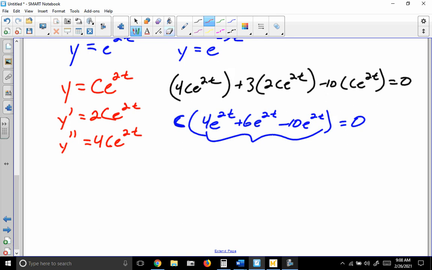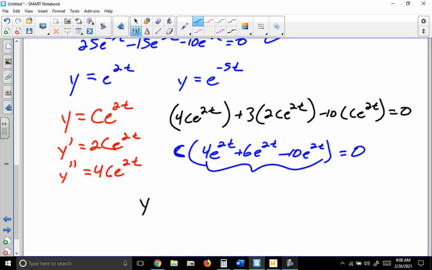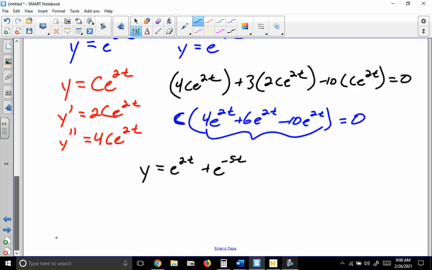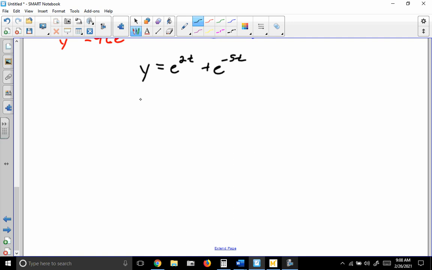Well, let's look at what would happen if we added our solutions together. What if we added e^(2t) plus e^(-5t)? Let's see if that's a solution. Our first derivative would be 2e^(2t) minus 5e^(-5t).